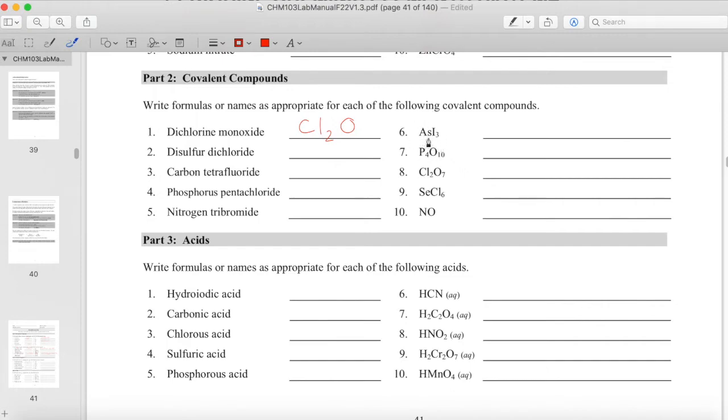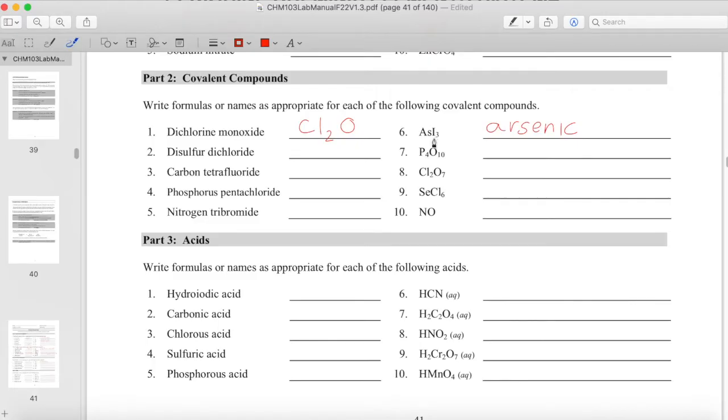All right, so if I look up As, I ask myself, well, what element is that? And that turns out to be arsenic. Since there's only one of it, as evidenced by the fact that there's no subscript, I don't need to add a prefix here, and I don't need to write mono. It's understood if I write arsenic, it's just one arsenic.